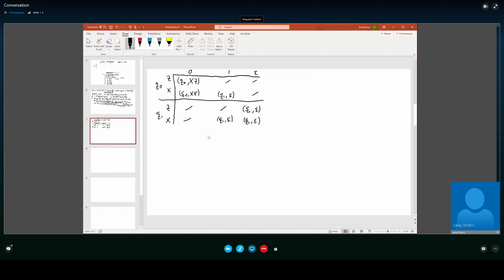So let's look at the first case where we have delta of Q0, Z, and 0 contains Q0, X, Z. So we have Q0, X, Z is contained in delta of Q0, Z, and 0.